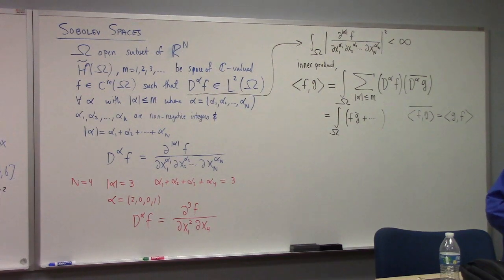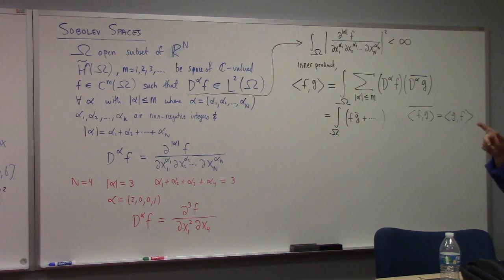Okay, so great. And then he says this is an inner product space. However, it's not a Hilbert space because it's not complete. That's why he stuck the tilde on it. So what can we do if the space is not complete? We can complete it. So that's what we do.